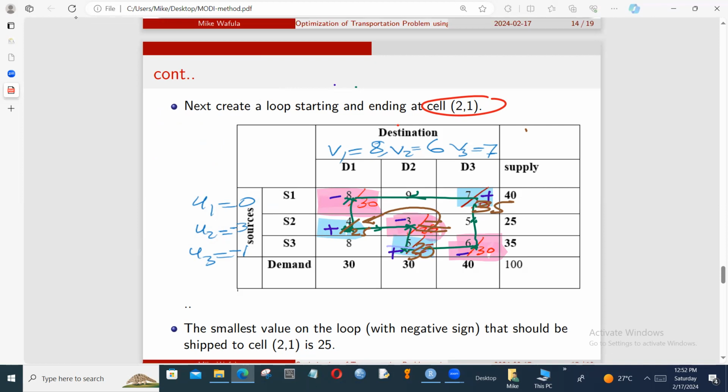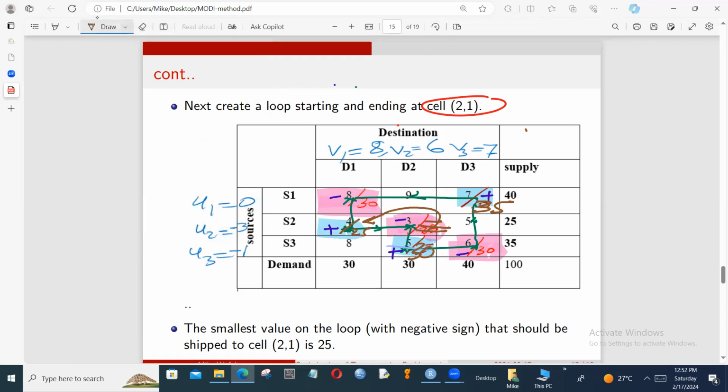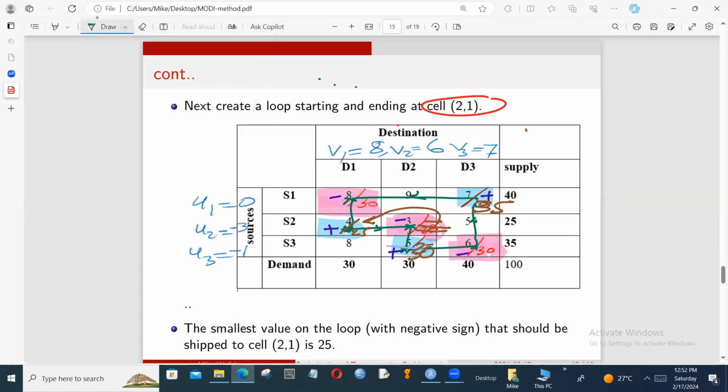Now you'll ask, what happens to the other cells with the negative sign, apart from the cell we had shipped from? The other cells which had negative sign, like this 30, now you minus 30 minus 25. You remain here with 5. And you remain here with 5 as well.